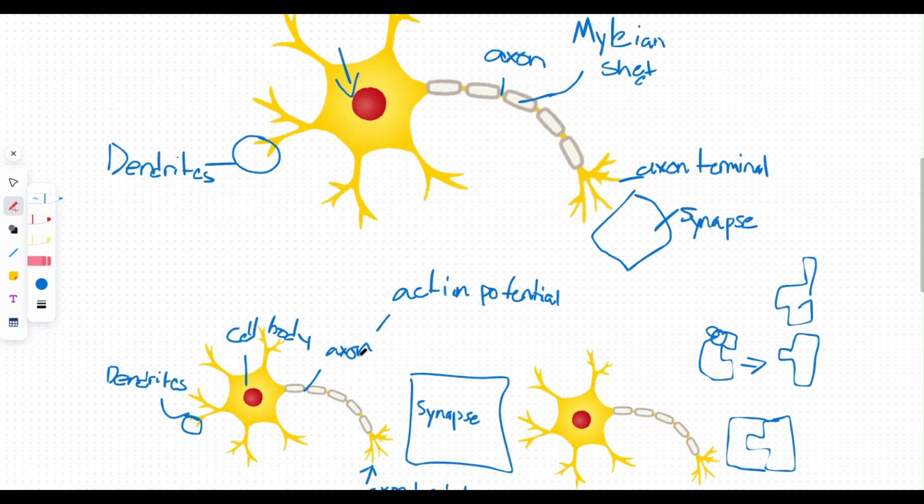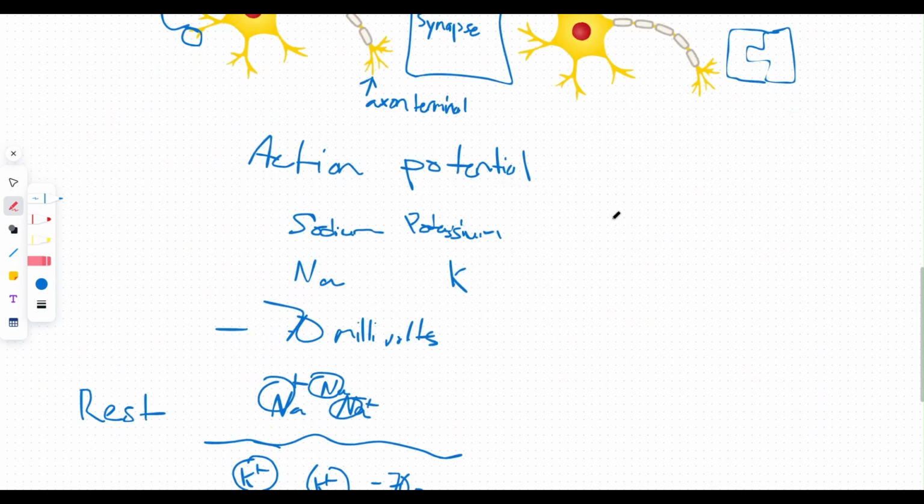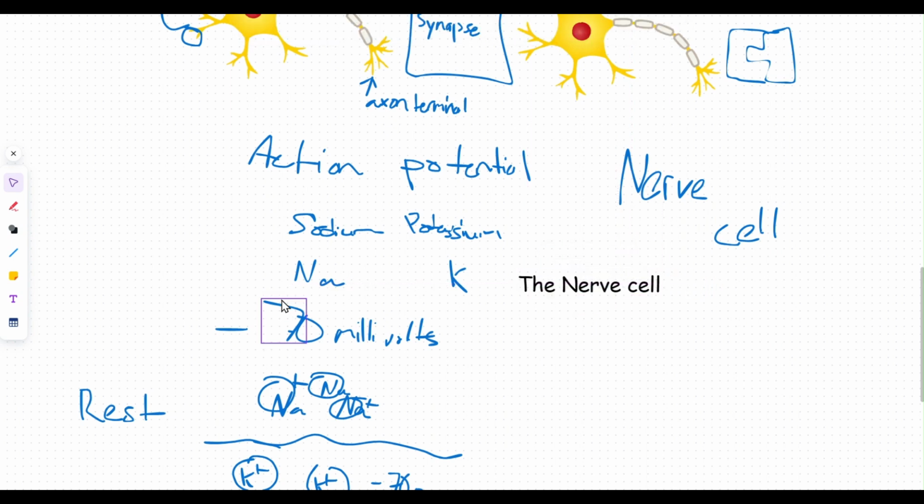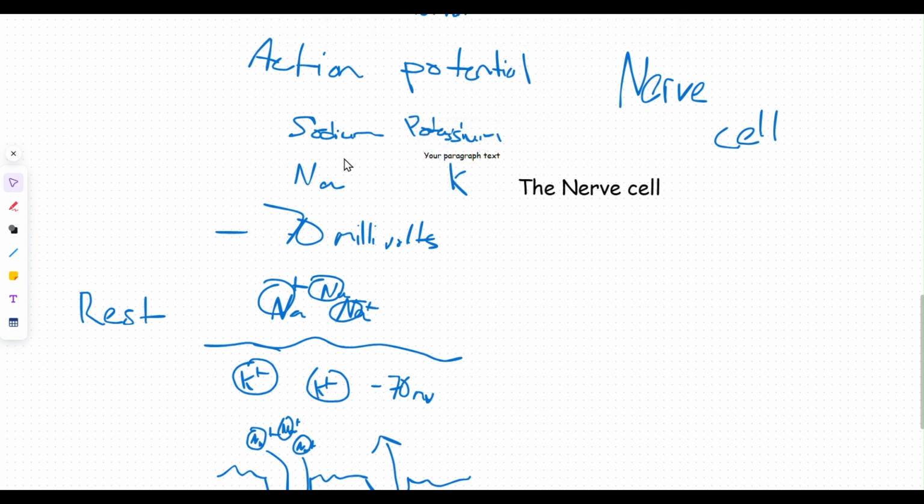So let's have a recap. The nerve cell. What does it consist of? Now, you have the axon. First, let's start with dendrites.